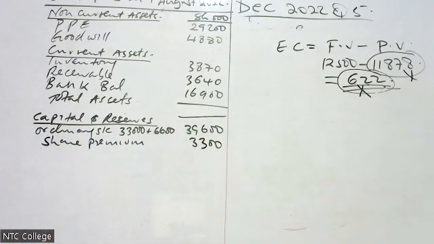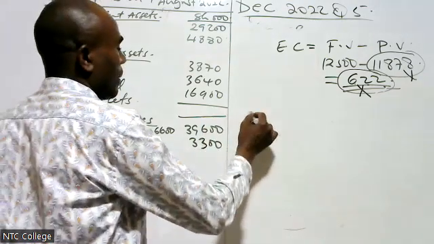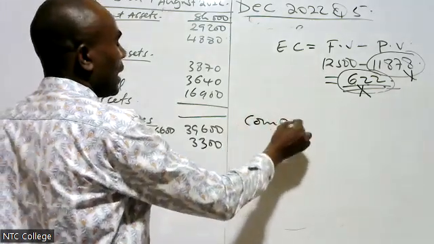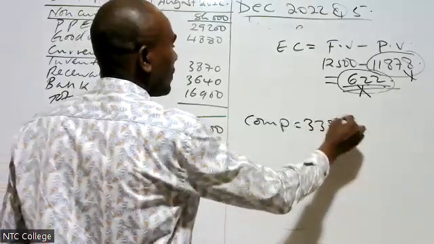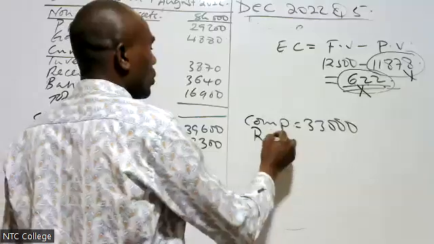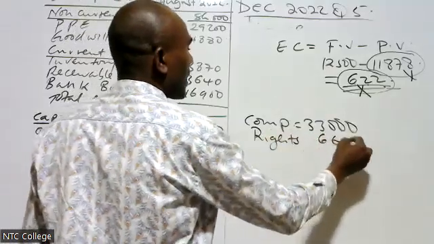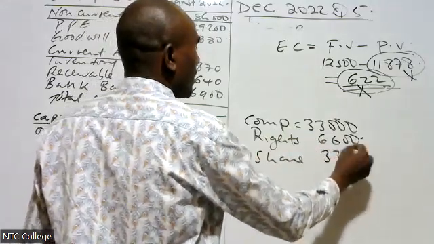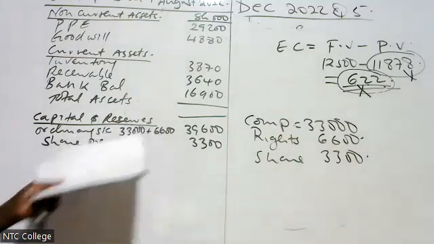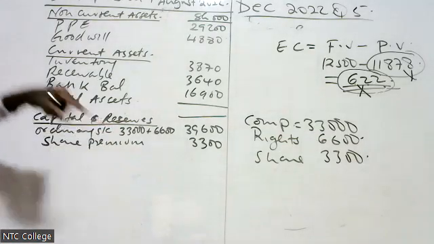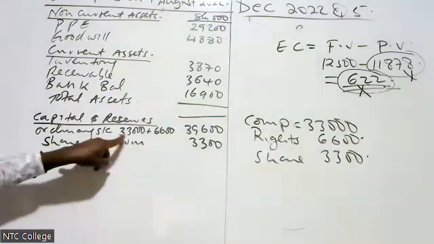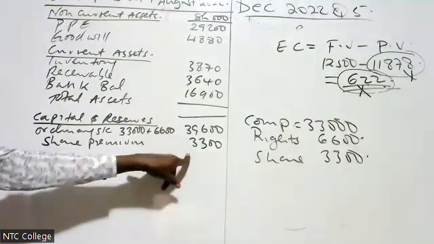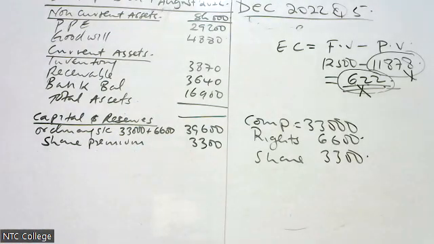I believe you can understand ordinary from the purchase consideration, which was 33. Then we issued a rights issue, it was 66. Then share premium was 33. Therefore, don't ask me where you are getting 33 and 66. This was from the purchase consideration, then this one we issued as the rights issue. We separated the premium.